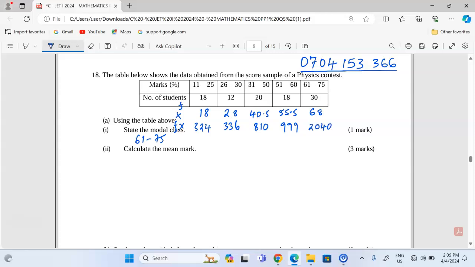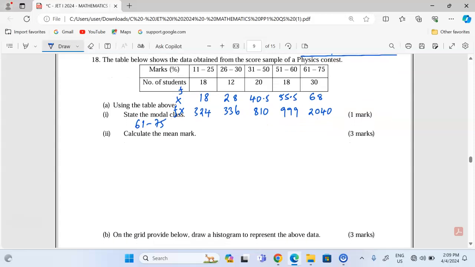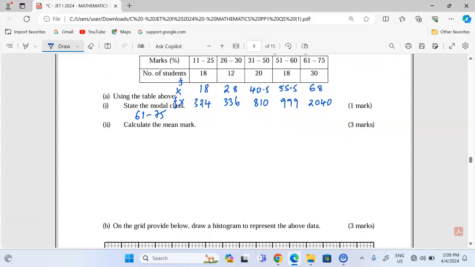All right. After that, now we go to the calculation of the mean. The mean is usually given by the summation of fx divided by the summation of f.